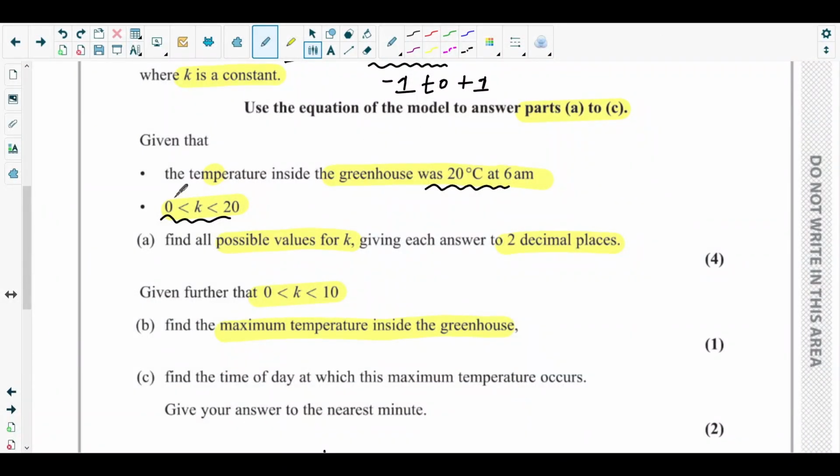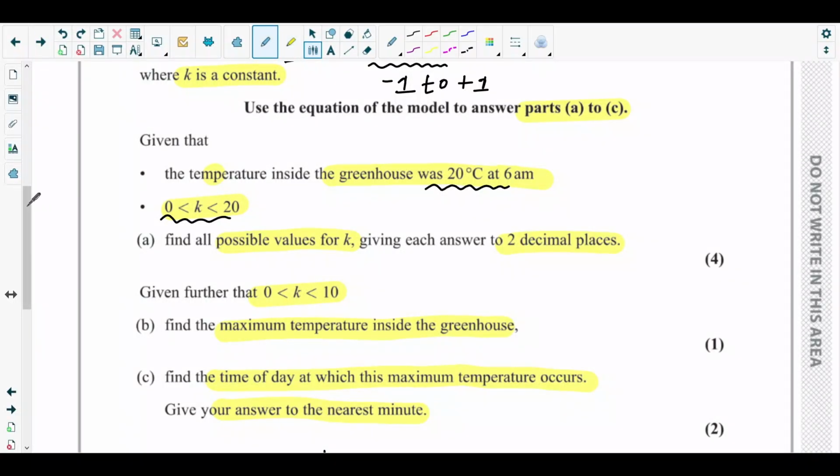Okay, next is part C. In part C, the question is asking to find the time of day at which this maximum temperature occurs. Give your answer to the nearest minute. So we need to find the time of the day when this maximum temperature, that is 22 degrees Celsius, is occurring.